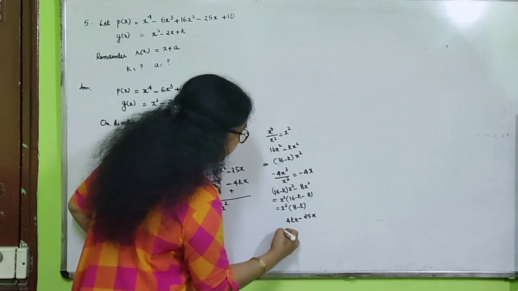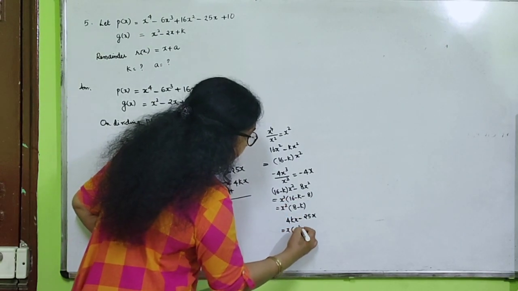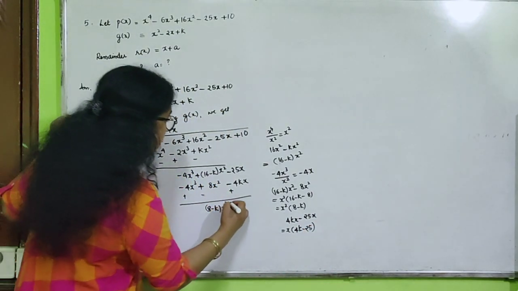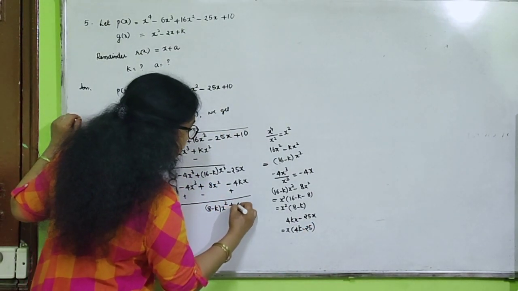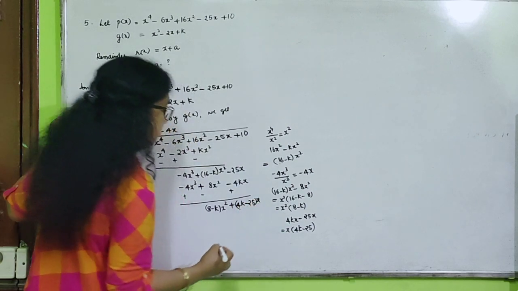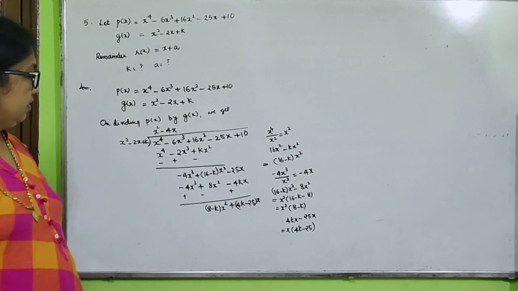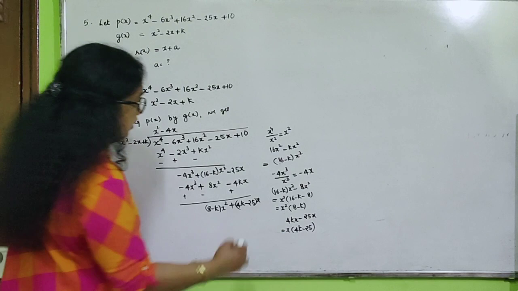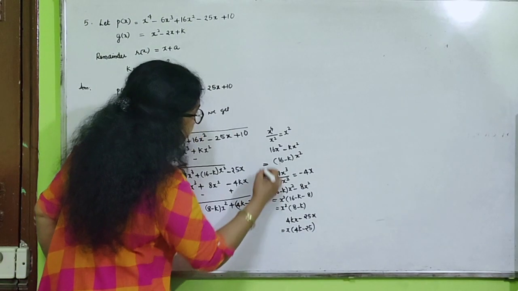So what is common? x is common. So 4k minus 25. So write that here: plus 4k minus 25 into x. So this is also simplified. Now what is remaining? Plus 10. Right here, plus 10.